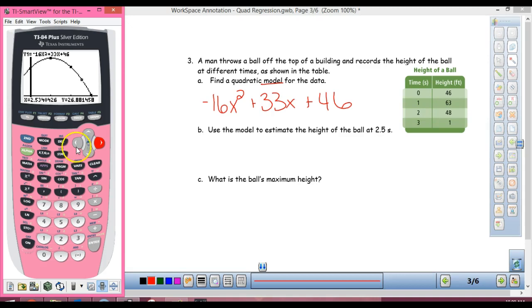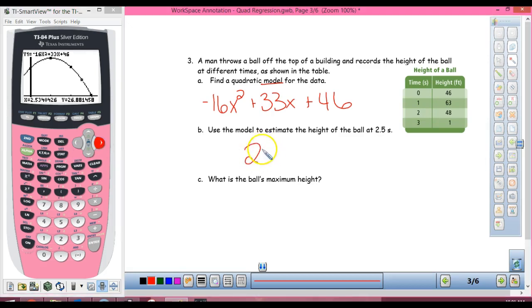So at 2.5 seconds, it's probably at about, yeah, between 27 and 28. So let's say about 27.5 what? Feet. Okay, because remember, it's right in between those two. When you're using your trace button, it's not exact.